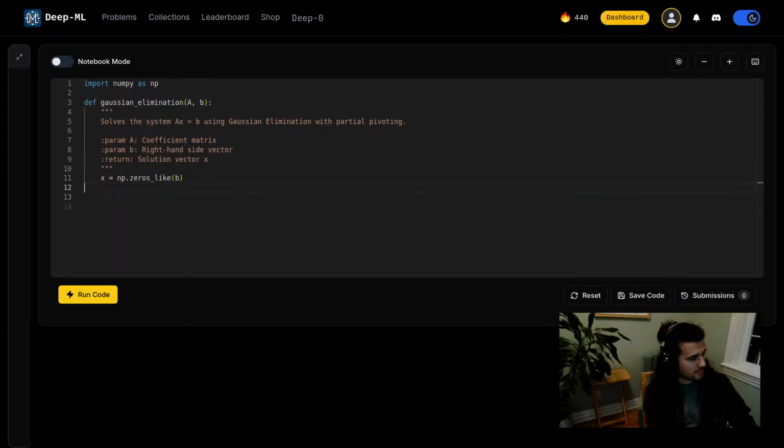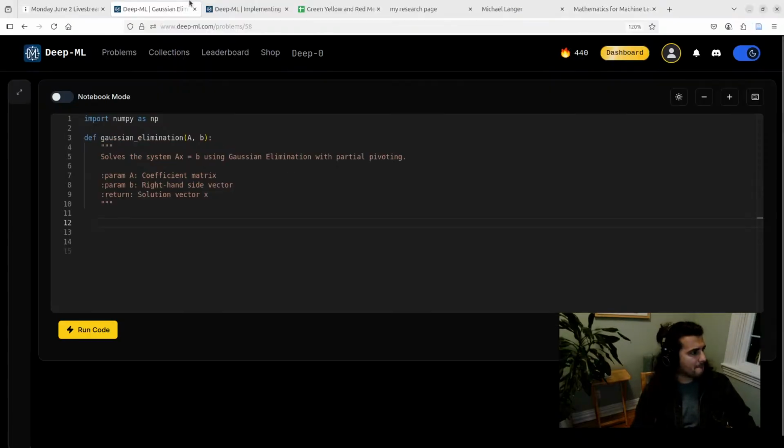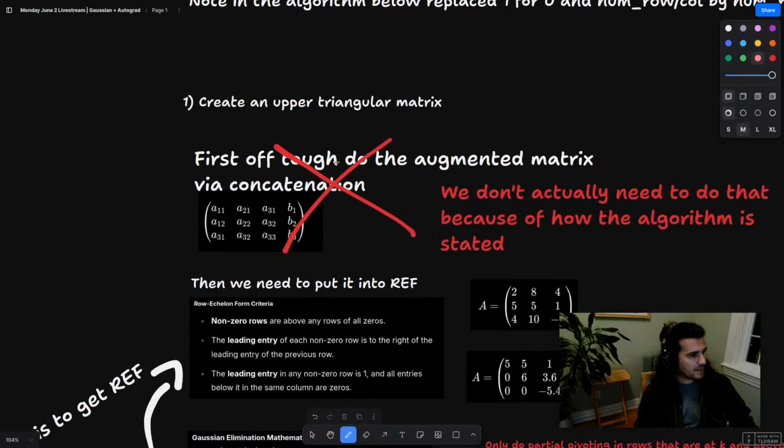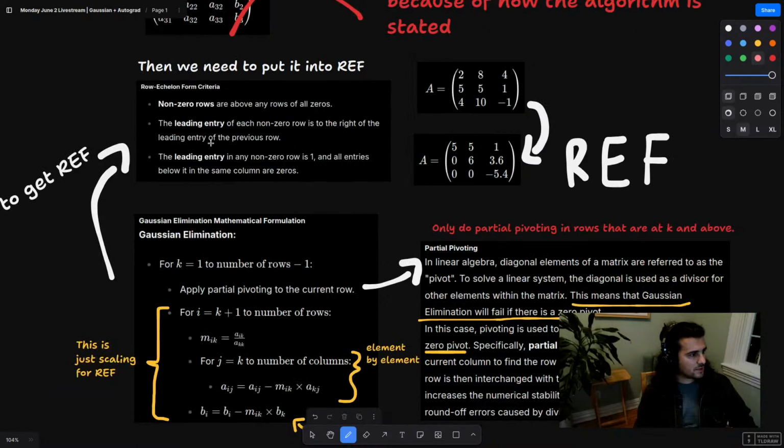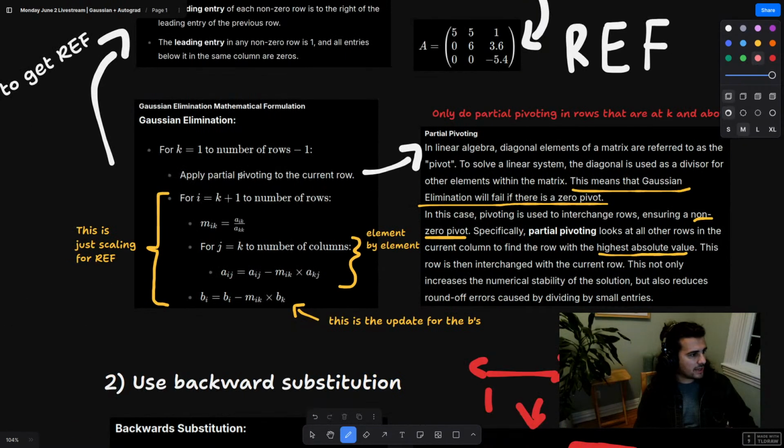X is gonna be that, and this was gonna be this. We used at the end during the backward substitution. Or no, yeah. We don't have to do that, no. No, actually, we don't. Okay, so we start here. We don't need to do any of this. We can start directly at this point.